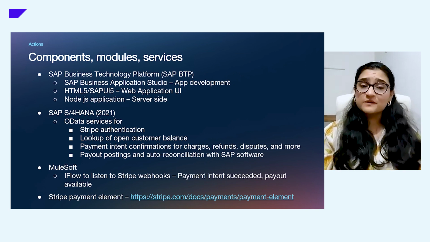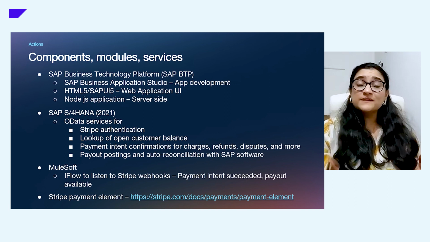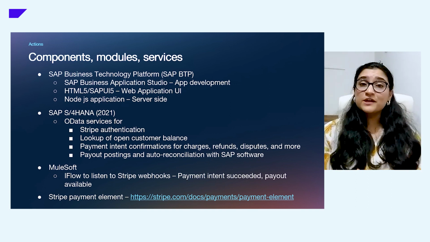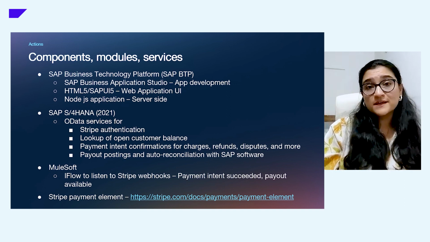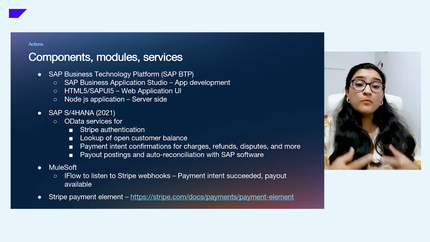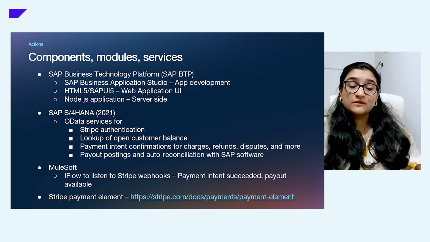The main 4 services that were delivered and went live were: one service specifically designed for the Stripe authentication, the secure communication between the S/4HANA server via the Node.js server application to the Stripe server. Looking up the open customer balance was the second OData service designed in the solution.